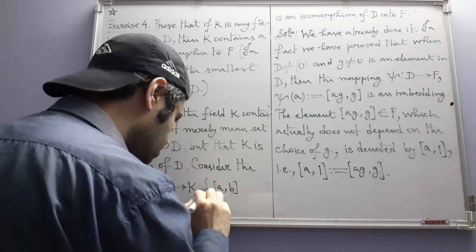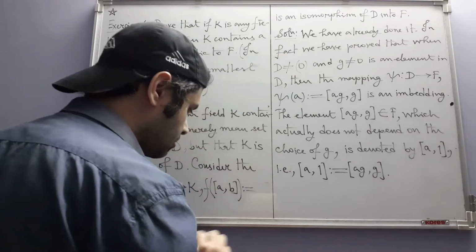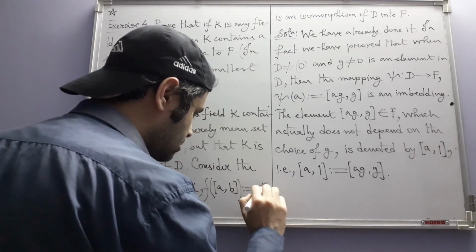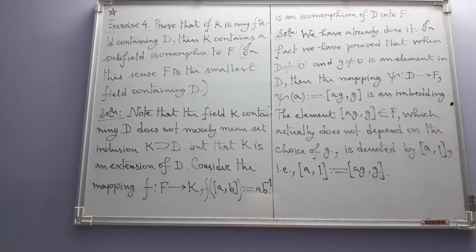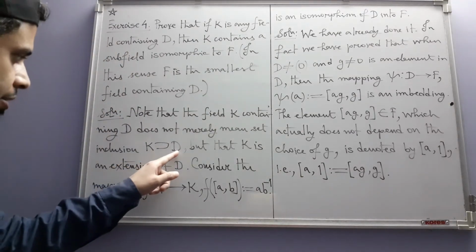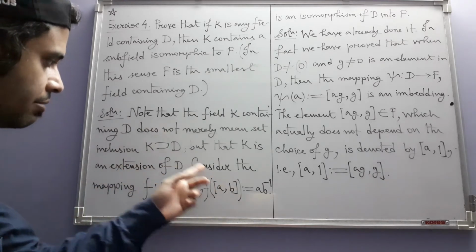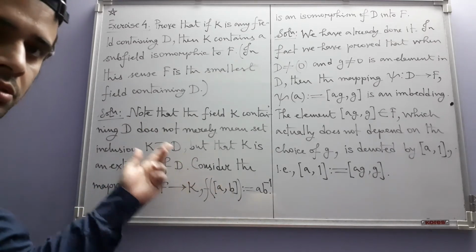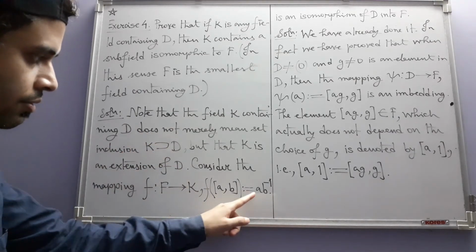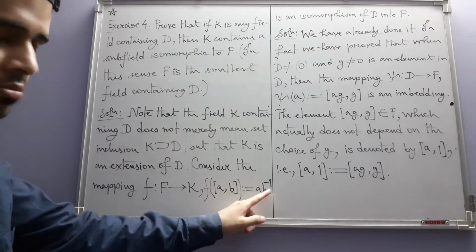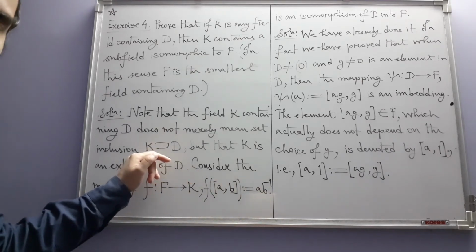What we will do, we will map this equivalence class onto this element ab inverse. Note that since D is contained in K, any elements a and b of D are also elements in the field K, and since b is non-zero, this product ab inverse makes sense in K, which is a field.